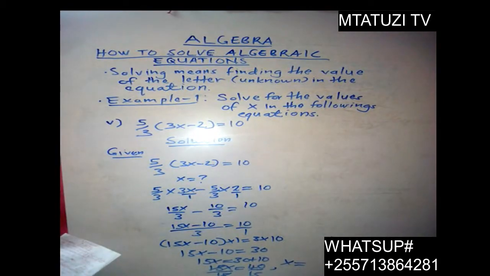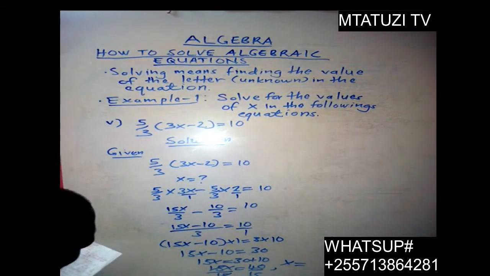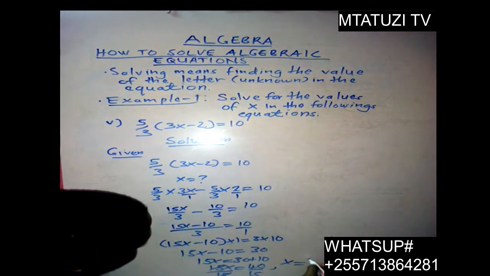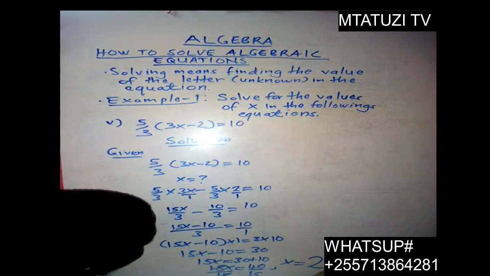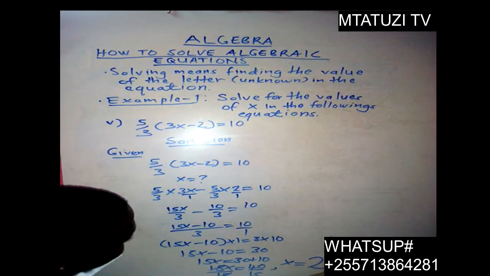It will remain x is equal to 40 divided by 15. 15 times 2 you get 30, remains 10 over 15. 30 plus 10 you get 40.